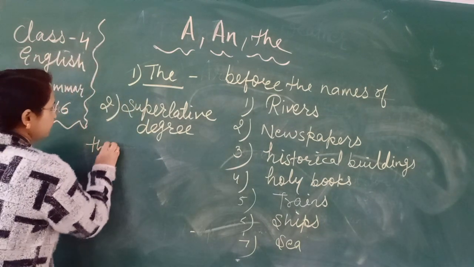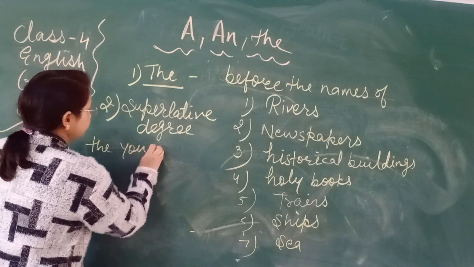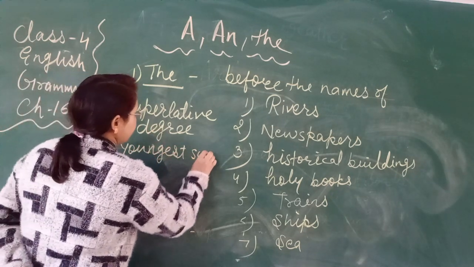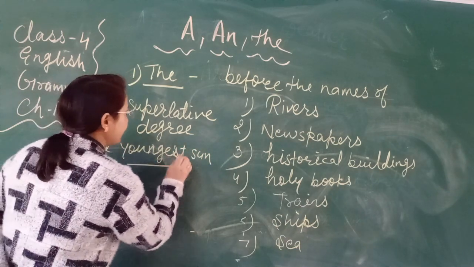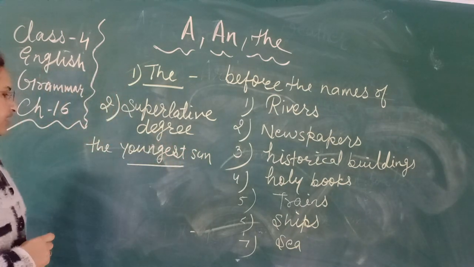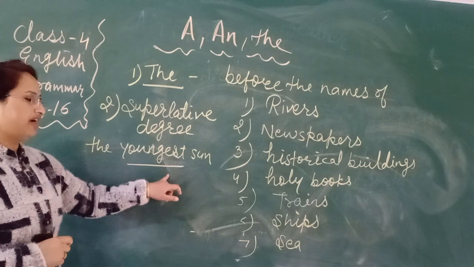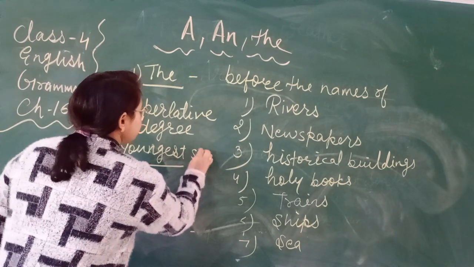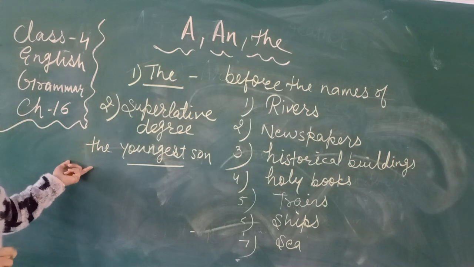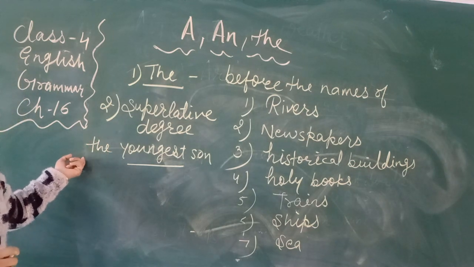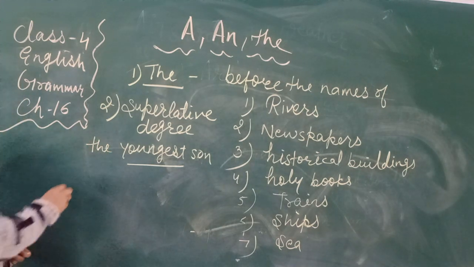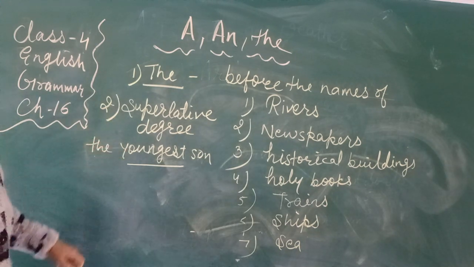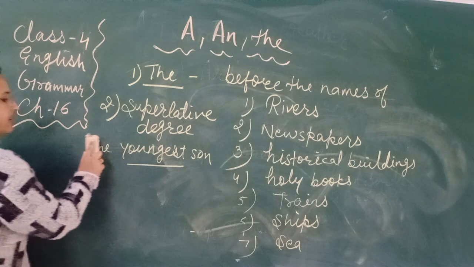Like the youngest son. So here youngest, est means it is superlative degree. So before superlative degree, what we have to do? We have to use article the. So superlative degree से पहले कौन सा आर्टिकल आएगा? आर्टिकल the.